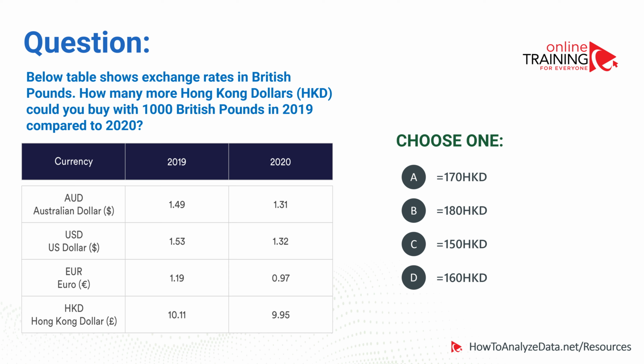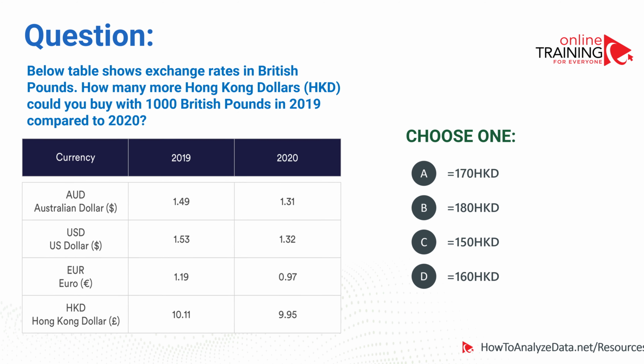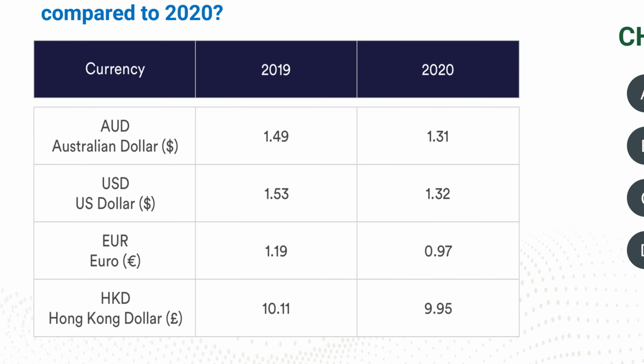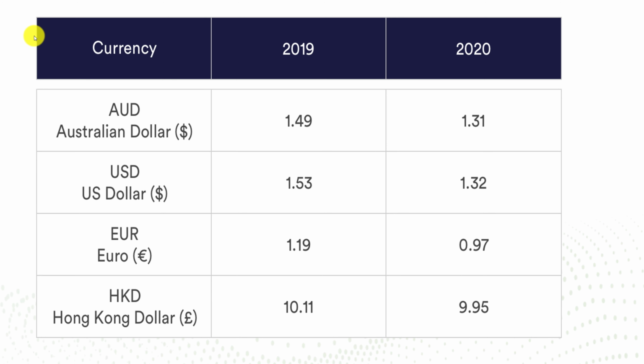To answer these types of questions, you need to understand the data that's being provided. In this data, the source and the base currency is British pounds, so the conversion rates here are for British pounds. For 1 British pound, you can buy 10.11 Hong Kong dollars in 2019, and you can buy 9.95 in 2020.